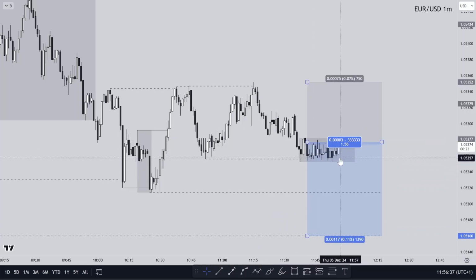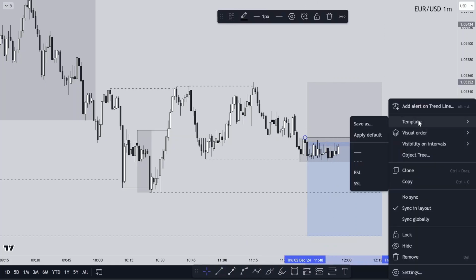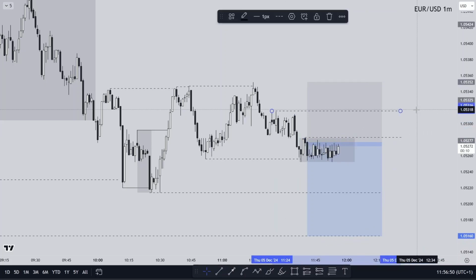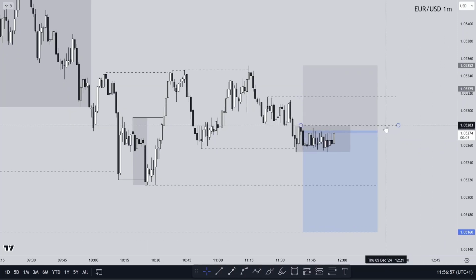If it goes up, it can react from this little high, or better from these highs, or of course from these highs, but it will hit my stop loss before. On the other hand, it can drop below this level, all this minimum.